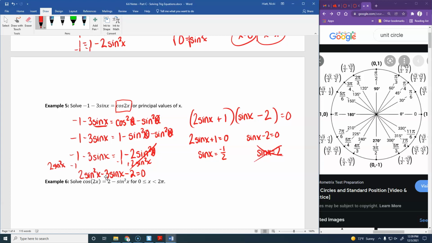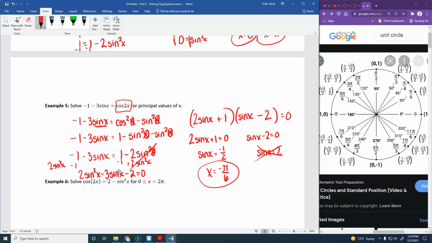Josie, where does sine x equal negative 1/2? Perfect. So we'll say negative pi over 6 for our answer there. This one only asks for principal values, so we'll just give that answer. Why would we not use anything else?